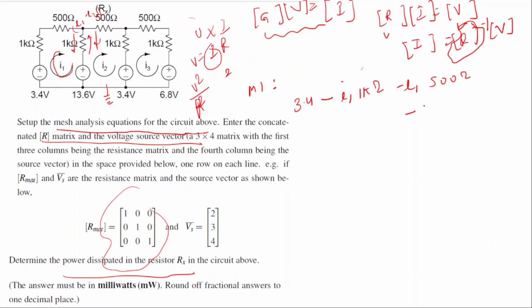So it will be I1 minus I2 times 1 kilo ohm.